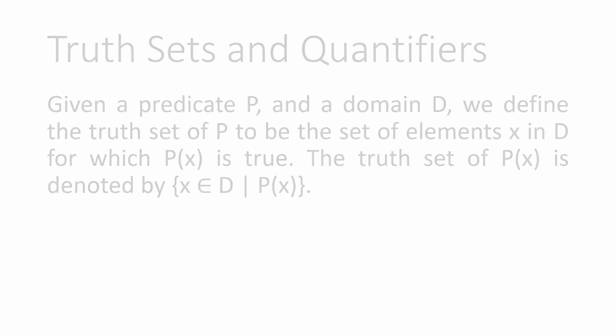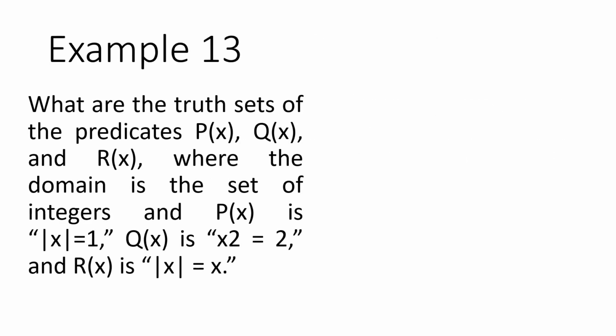So we have this one. What are the truth sets of the predicates P of x, Q of x, and R of x, where the domain is the set of integers, and P of x is the absolute value of x equals 1, Q of x is x squared equals 2, and R of x is the absolute value of x equals x.